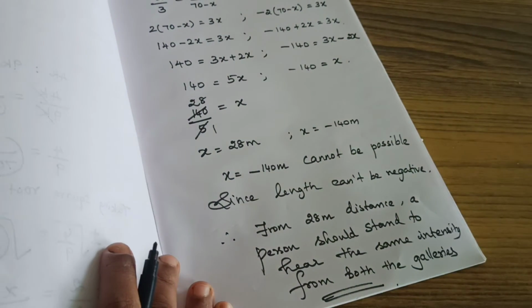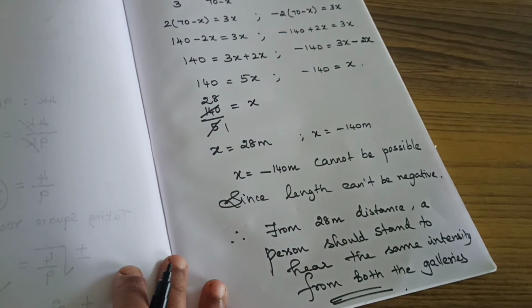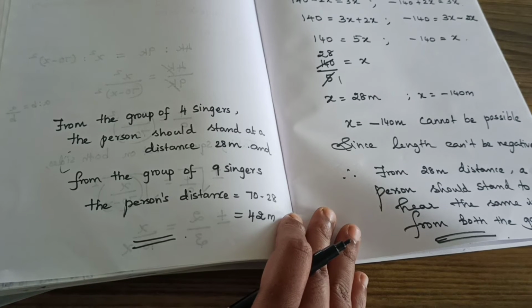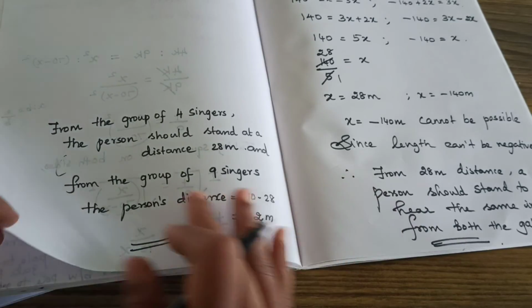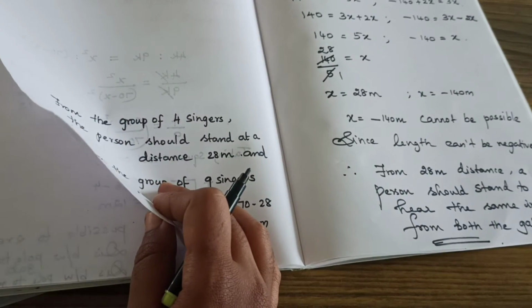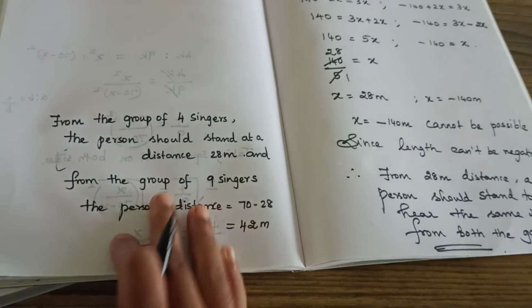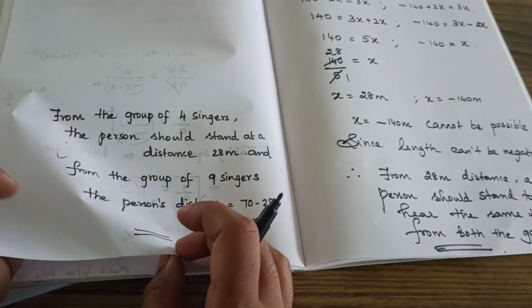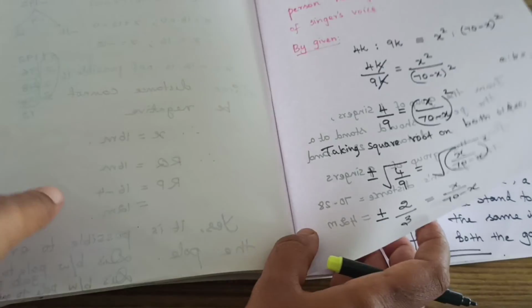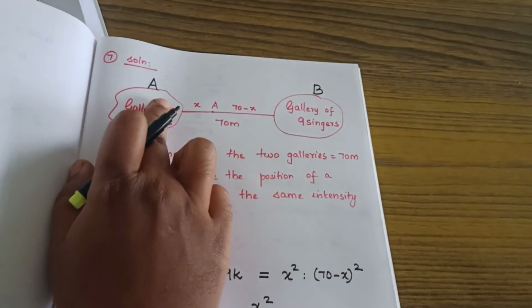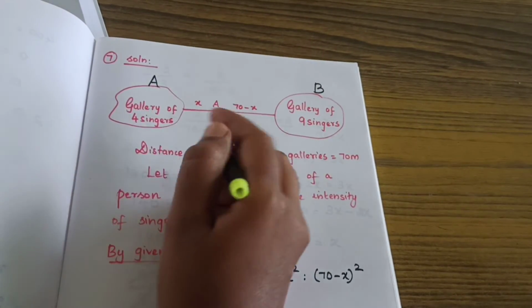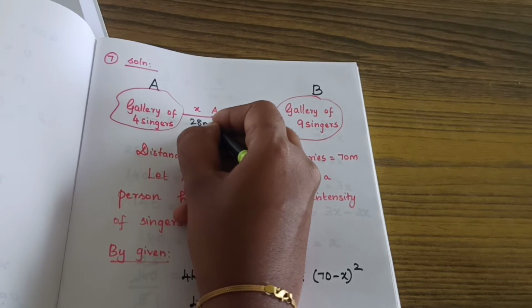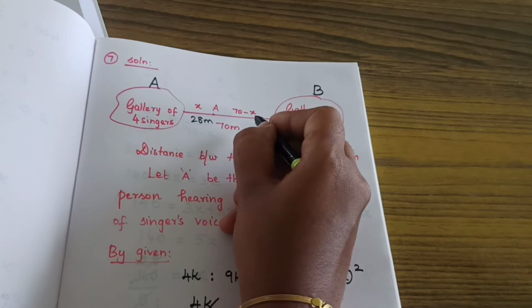Shall we solve question number 8 now? There are two more problems only, then we can finish exercise 3.12 today. Listen students, in the last question, they asked, from both the groups we need to calculate the distance. That means from group A and from group B. From group A this is 28 meter and here we need to calculate 70 minus 28.